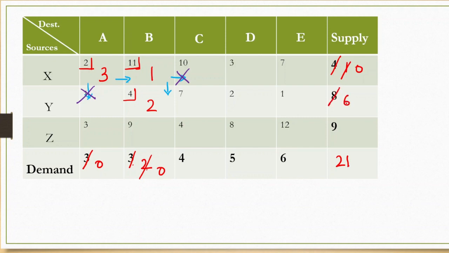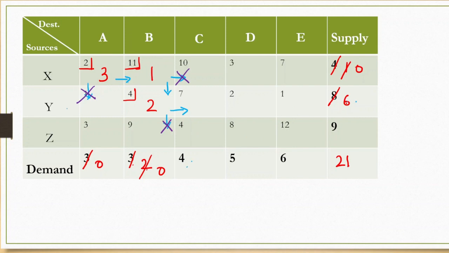Now moving ahead, can I move down, or will I be moving here? The source Y still has 6 units available, so the supply is still there. I can't go down, so I'll not be considering this one. I'll make a cross here because the allocation has been done for destination B. Moving ahead, the minimum of 4 and 6 is obviously 4.